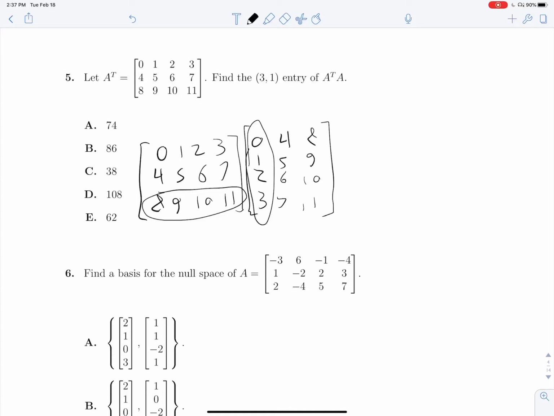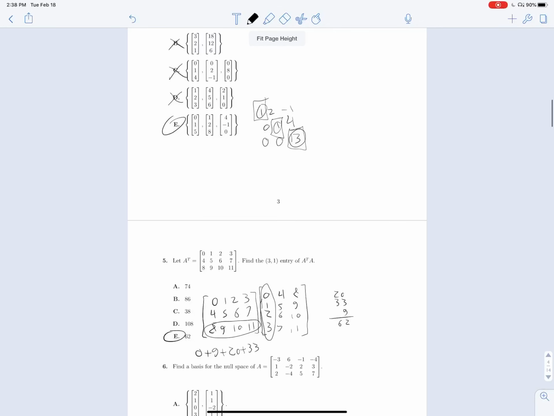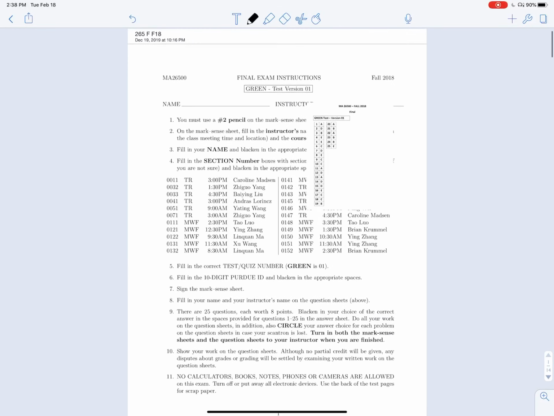And that will give us 0 plus 9 plus 20 plus 33, which is, let's see, 20, 33, 9, 2, 7. Nope, 6. Sorry about that. The pressure's real. So E is our correct answer for 5.